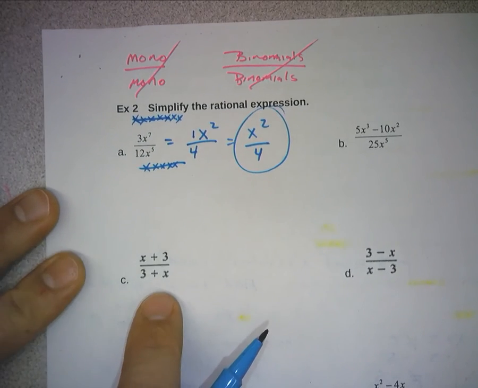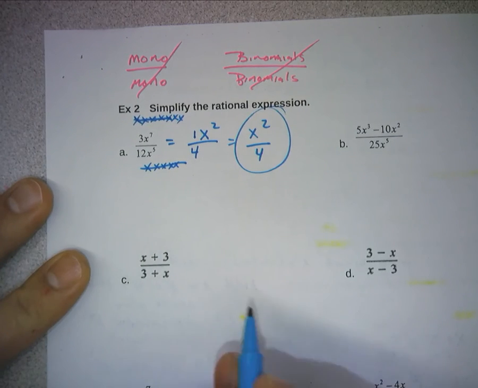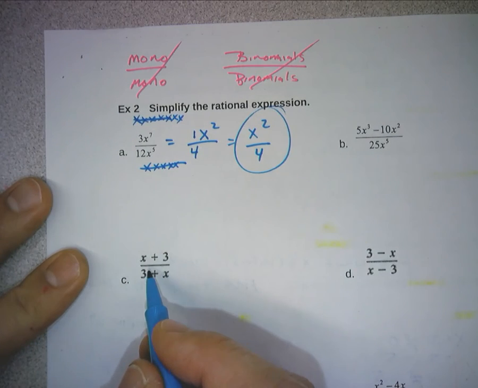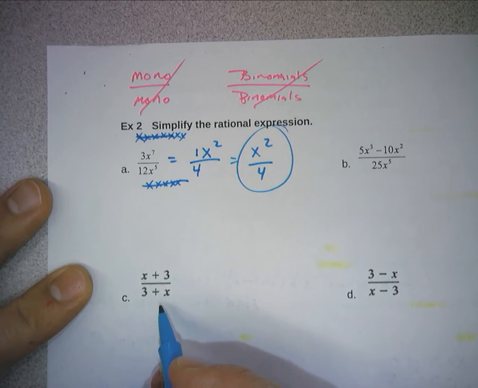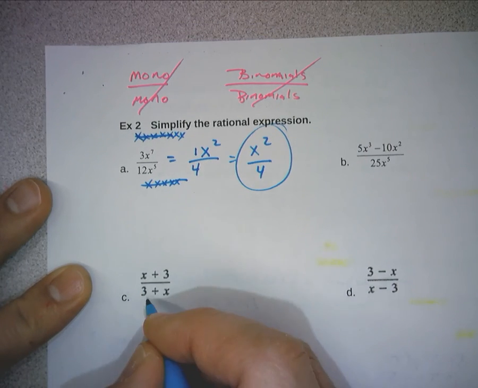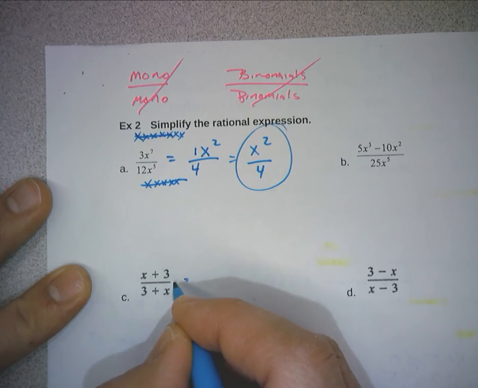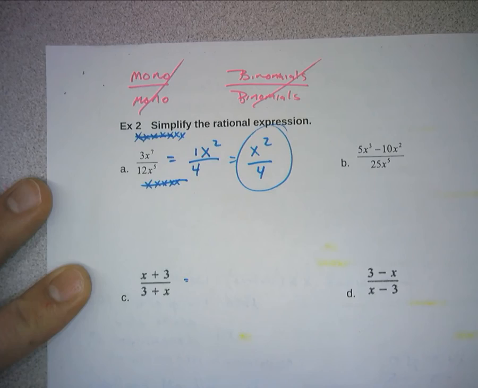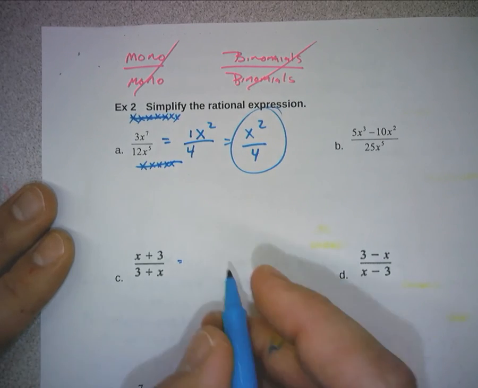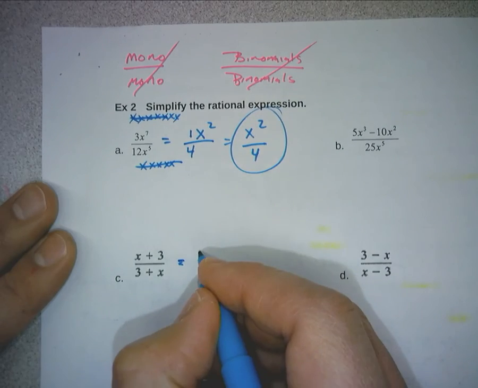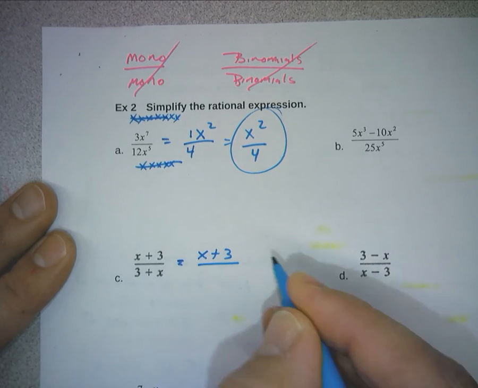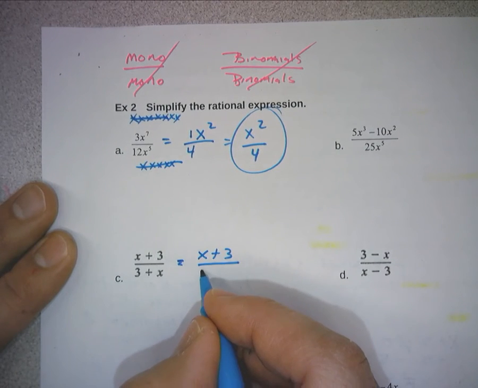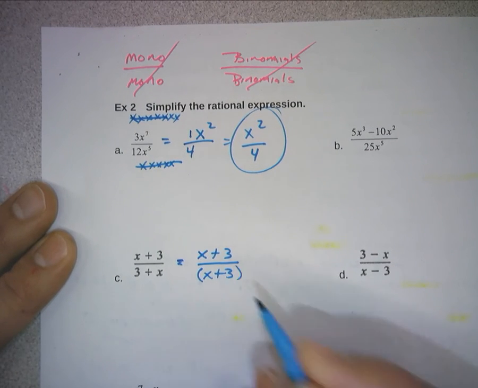I'm going to do C first before we do B. This is what I'm talking about with a binomial and a binomial. On top of example 2C, I've got x plus 3, and on the bottom I've got 3 plus x. Well, if these are exactly the same, we could cross these out. So I'm going to rewrite the bottom one. 3 plus x is the same thing as x plus 3.